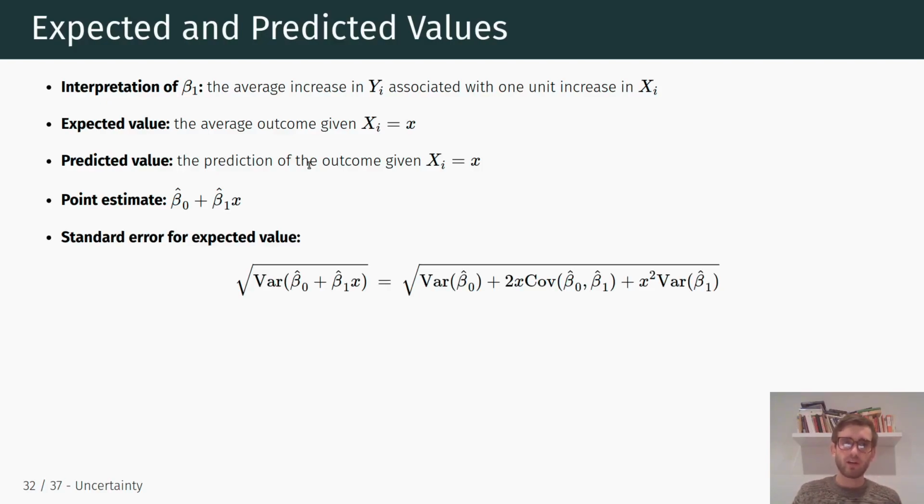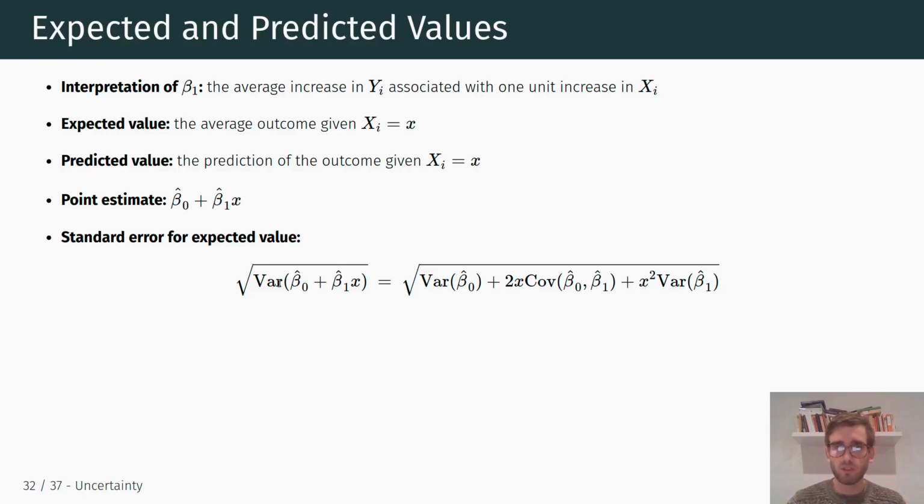One, the standard error for the expected value, which is the variance of the sum of beta 0 and beta 1 x, which is the sum of the variances plus 2 times x times the covariance of beta 0 and beta 1, using the basic rules about the variance of a sum of random variables that are not uncorrelated.